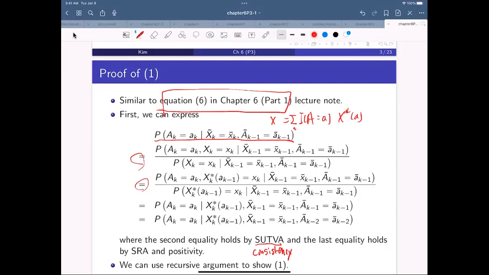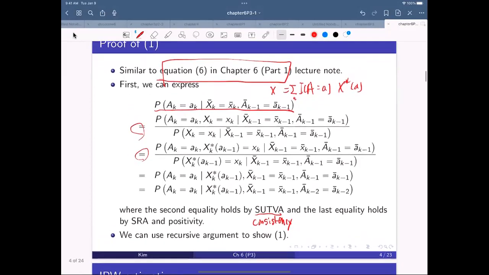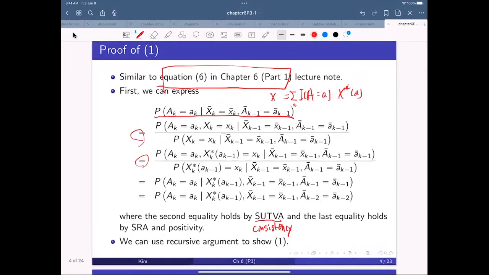So your observation: if you know the potential outcome and the choice, then you should know the observation, which is essentially consistency, measurement consistency. There's no extra additional noise.